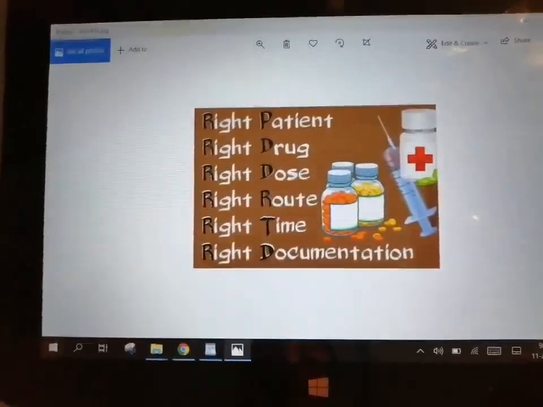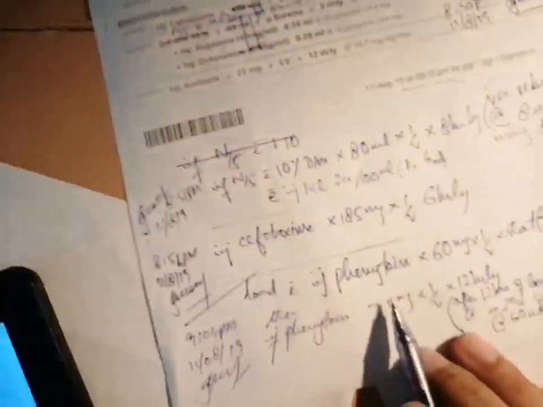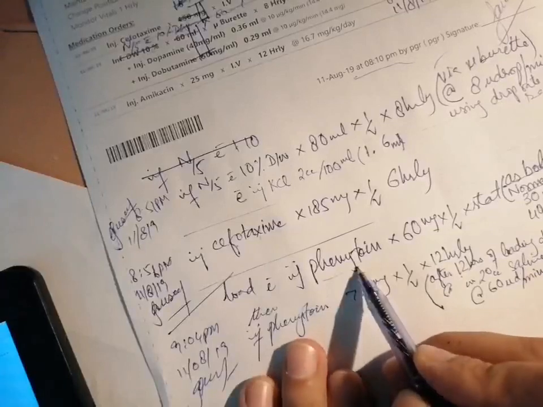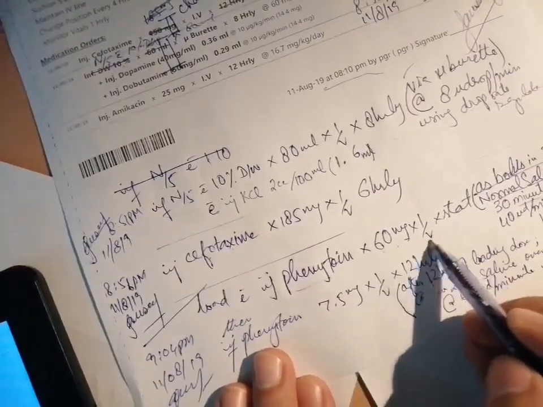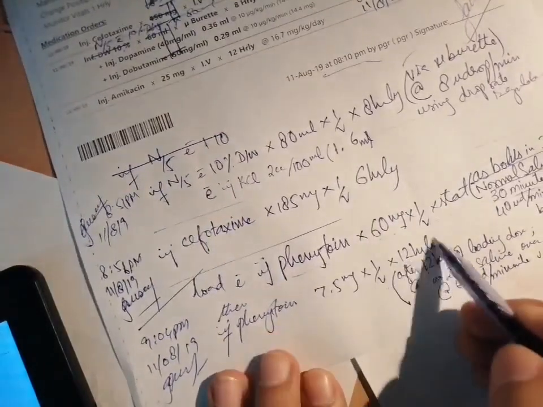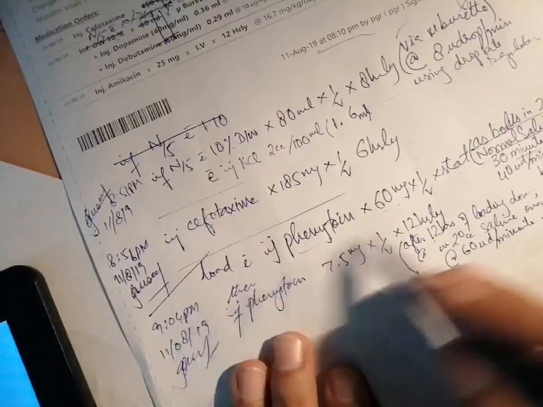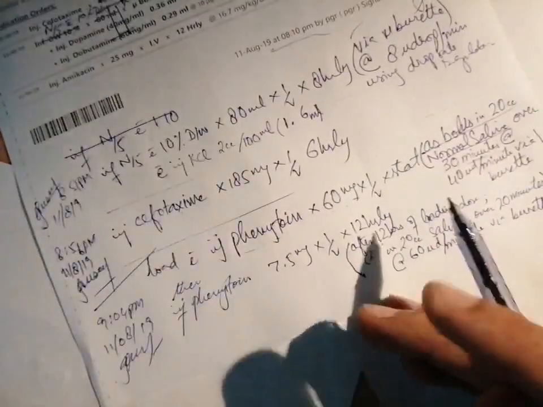And you must fulfill all these rights of the patient in your treatment ticket, such that is it the right patient, is it the right drug, is it the right dose, is it the right route, is it the right time, and I have done the right documentation for it. That is how it is.